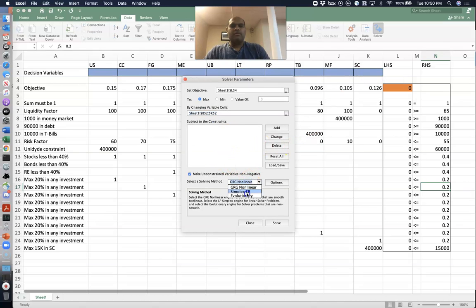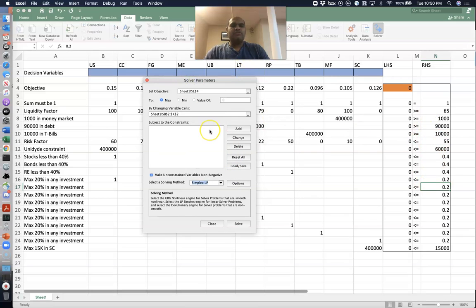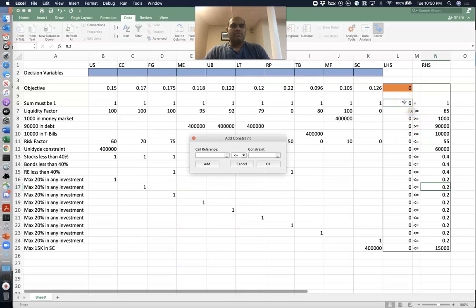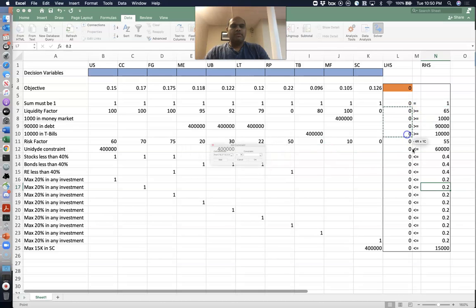I'm going to change this to linear programming and add constraints. Because I grouped similar constraints together, I'm just going to add 3 constraints. Click on add. I'm going to write the equal to constraint first. That's my first equal to constraint. Then the 4 greater than or equal to constraints: L7 to L10 greater than or equal to N7 to N10.